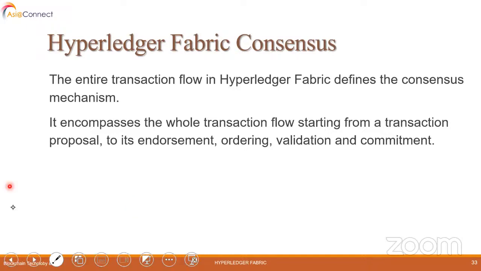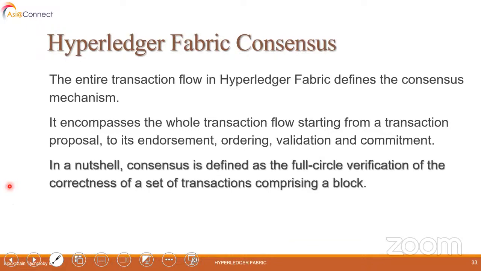So all this is required, and that is what is Hyperledger Fabric consensus. In a nutshell, we can say that the consensus mechanism is defined as the full circle verification of the correctness of a set of transactions comprising a block. That is what a consensus mechanism is.